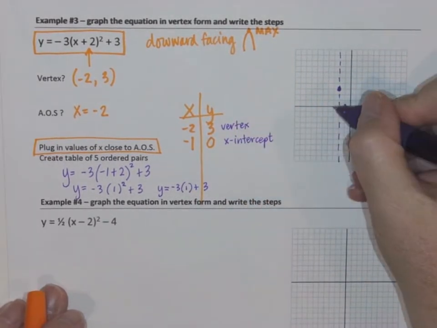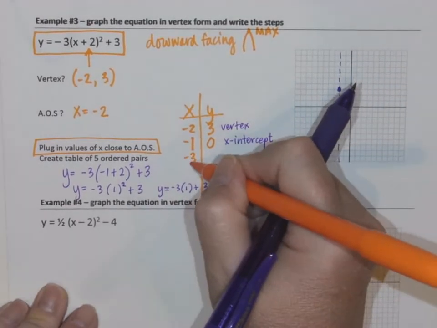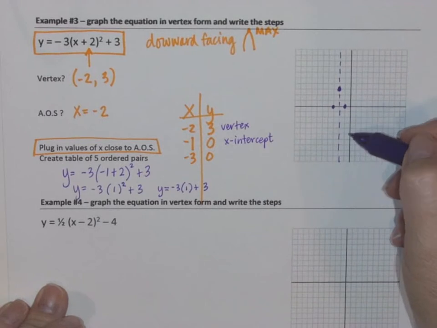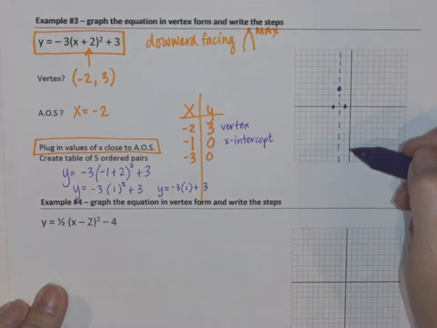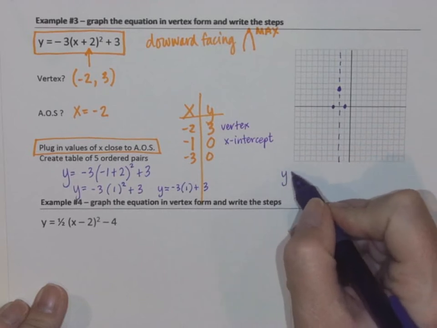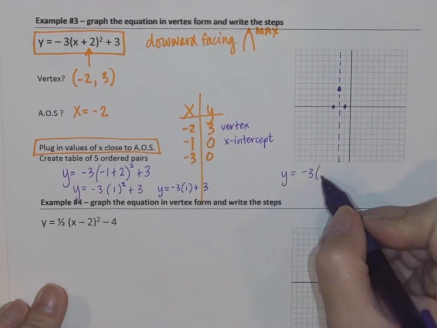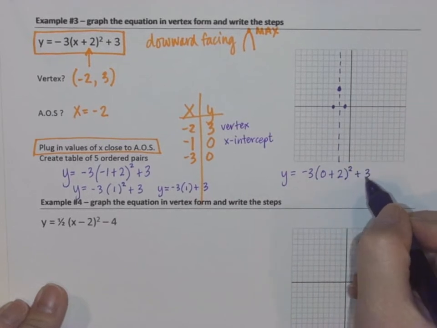And I'm going to plot a point on the other side of that. So that's going to be negative 3, 0. And then I'm going to pick one more number, and that other number is going to be 0 since it's pretty close to it. Don't forget, you have to include the a value when you're doing these calculations. 0 plus 2 squared plus 3.